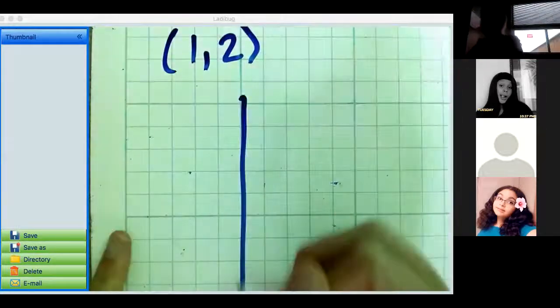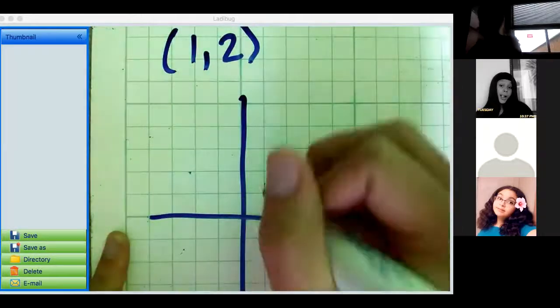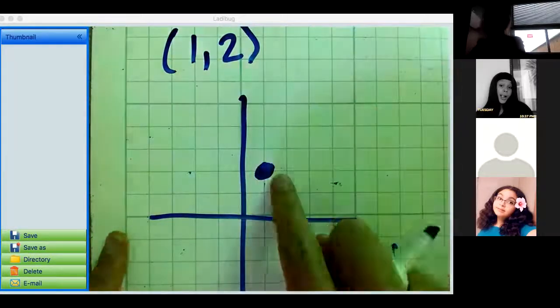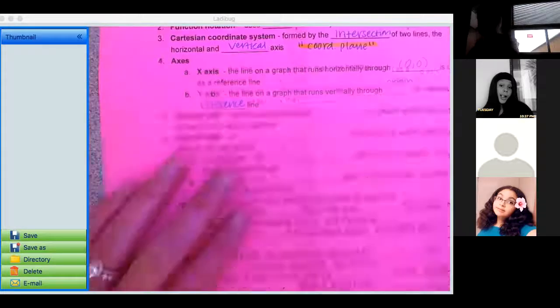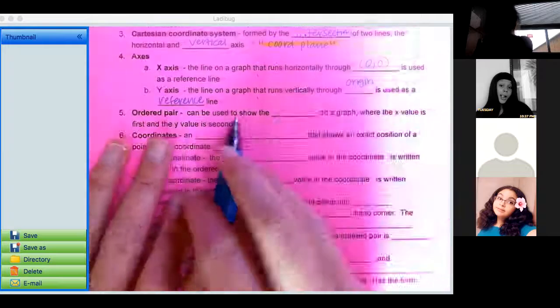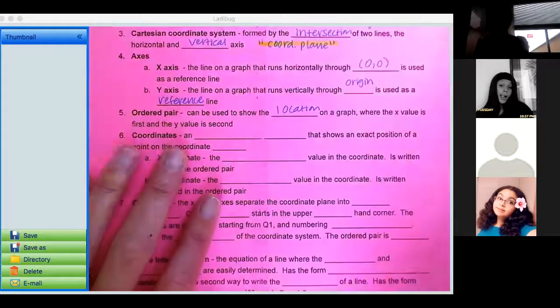If we have a graph, that means we go over 1, up 2, correct? What's that circle I just drew? What's that called? A point. There you go. An ordered pair is a point and it shows the location on a graph.